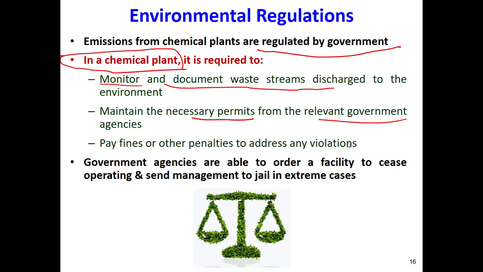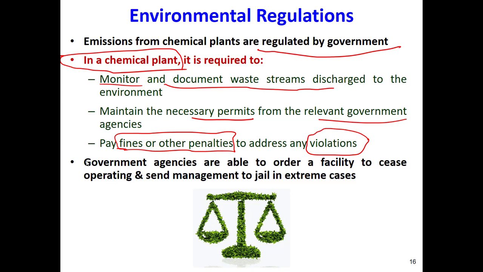And if you are involved in any violation in your plant, you have to pay the corresponding penalties and fines. That is usually a huge amount of money, so most companies avoid getting involved in any violation, to avoid paying such big penalties.